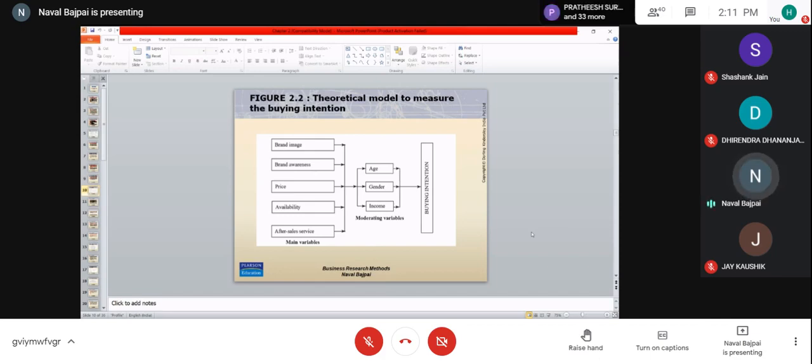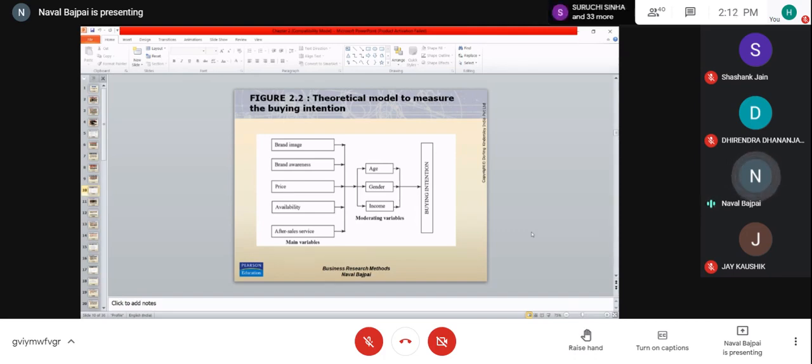And as pointed out by Chaitanya, she rightly pointed out that we are going to ask questions pertaining to variables. Just for the sake of an example, I'm going to ask 5 questions pertaining to brand image, 5 pertaining to brand awareness, 5 pertaining to price, and then 5 more.